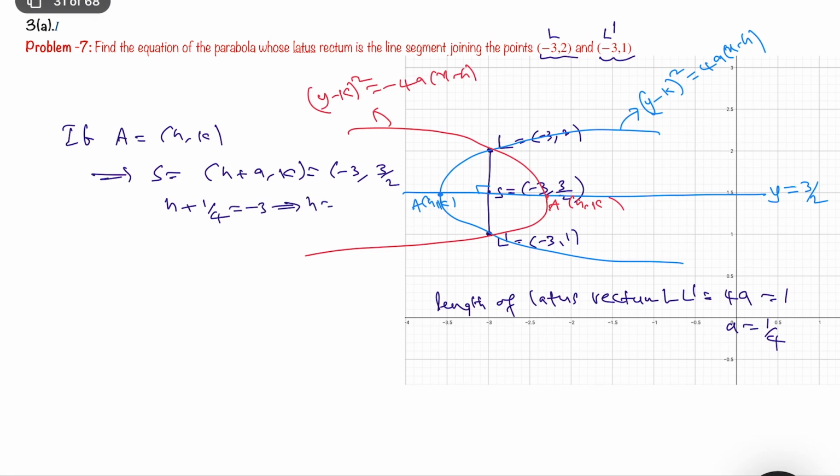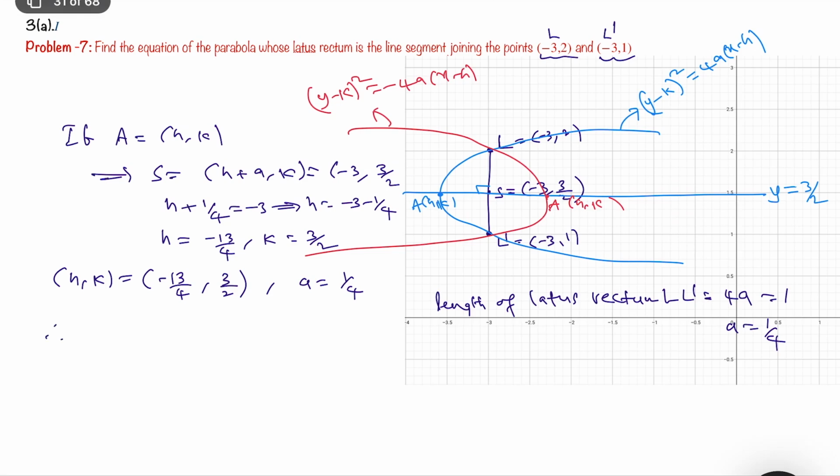That means h equals minus 3 minus 1 by 4, which gives h equal to minus 13 by 4. Obviously k equals 3 by 2. Now we got h comma k equal to minus 13 by 4 comma 3 by 2 and a equal to 1 by 4.